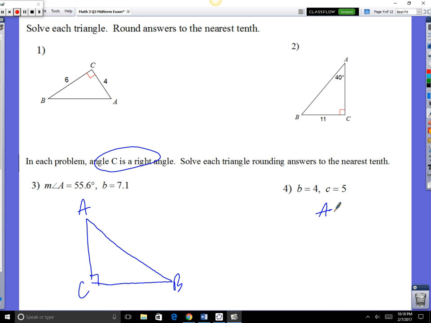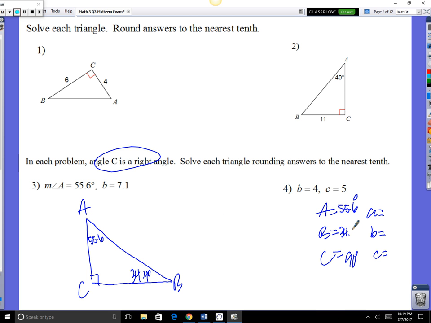So big A, angle B, angle C, side A, side B, side C. Angle C is 90, angle A is 55.6 degrees, and that means angle A and B have to give you 90. So I'm going to do 90 minus 55.6, and that is 34.4 degrees.